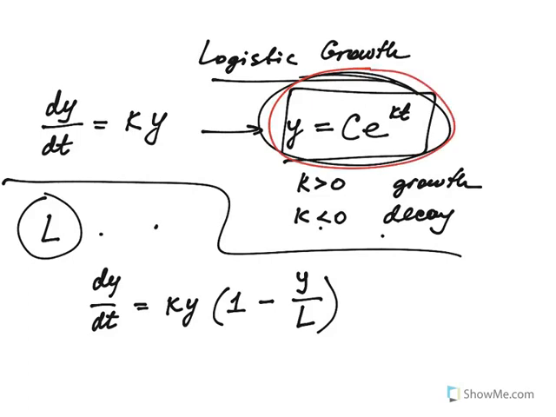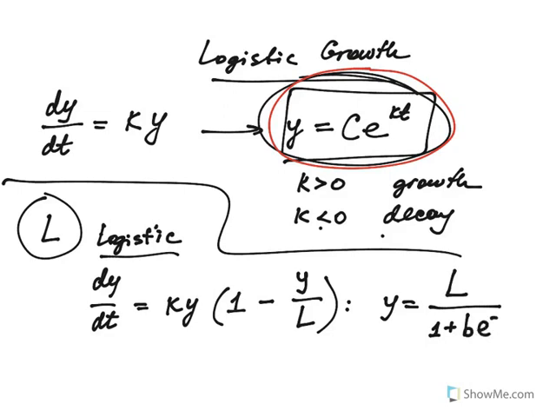We're done with the exponential model. We're talking about a logistic function. So when you solve this differential equation, as your solution, you get y equals L over 1 plus b e to the power of negative kt. And that's the equation you get.